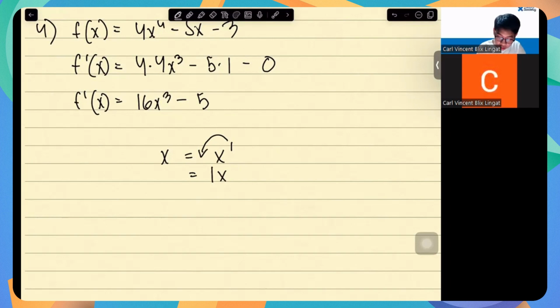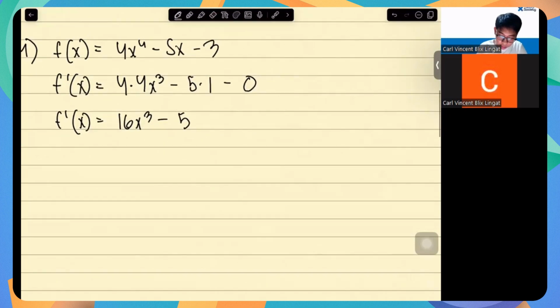So that becomes 0. And since any number raised to 0 is just 1, now we have 1 times 1, and that's just 1. And that's why we have the 1 here. Let me erase that.